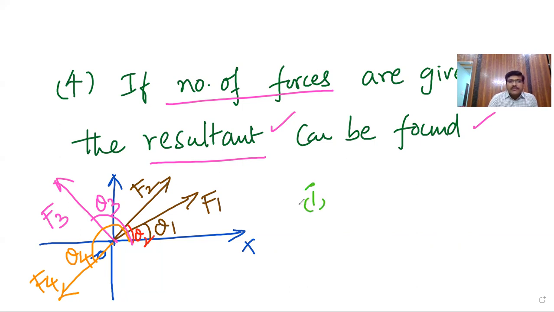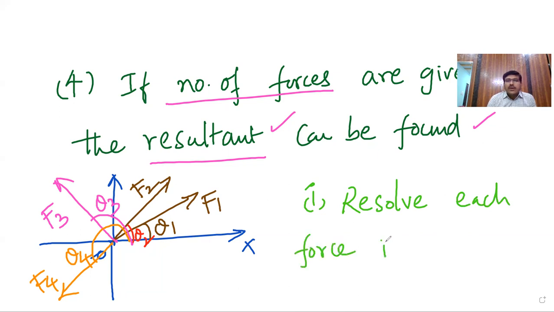Step 1: resolve all the forces into components, horizontal component and vertical component, along the x-axis and along the y-axis. So the first step is to resolve each force into components.